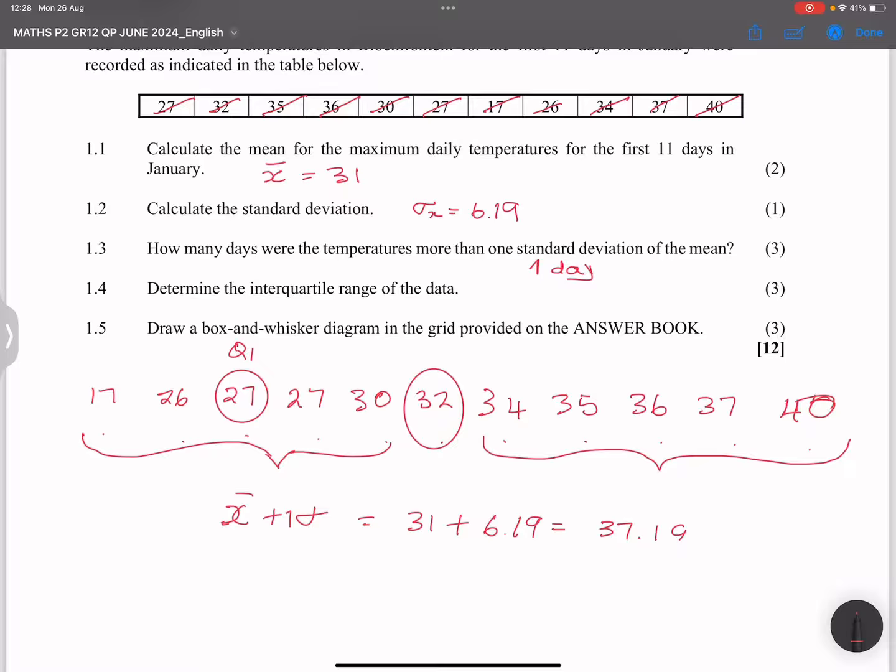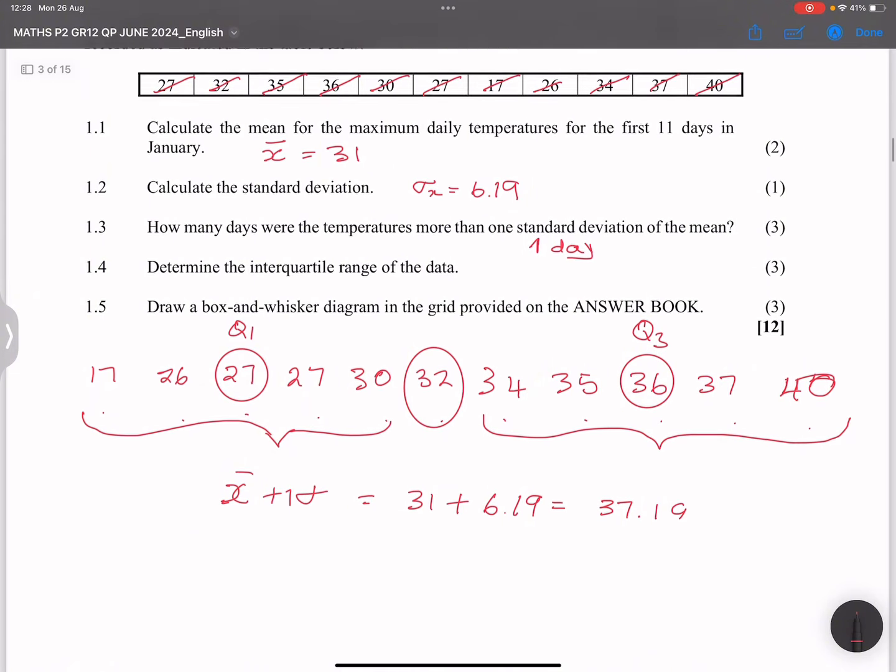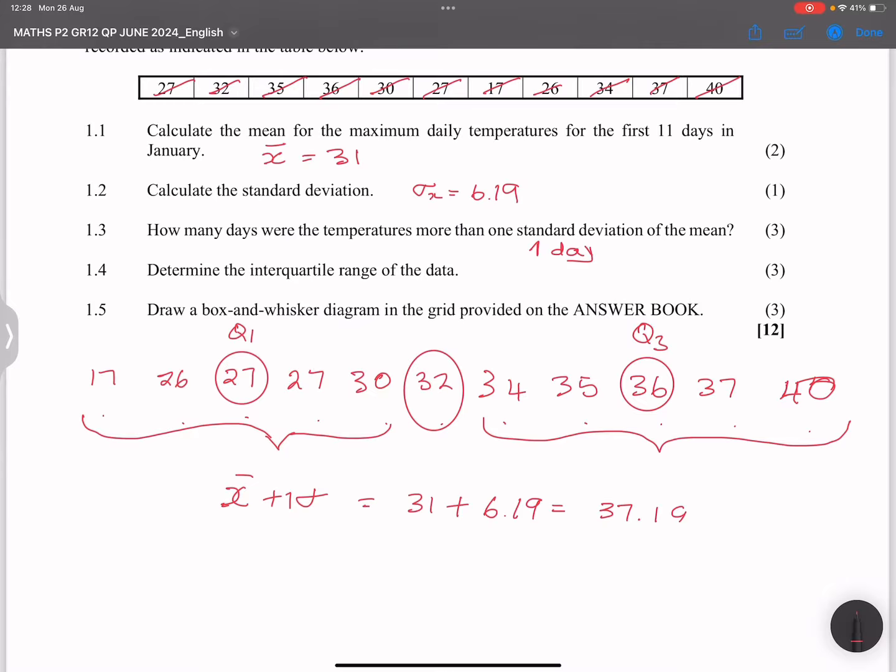And in this case, the value in the middle of the upper values would be Q3. So, ladies and gents, to get the interquartile range, IQR, I say Q3 minus Q1. That's going to be 36 minus 27, and if I subtract those two values, I get 9. So that's my interquartile range.